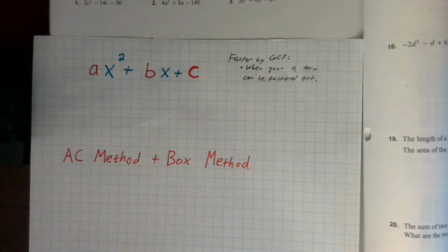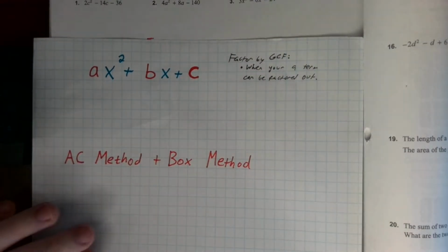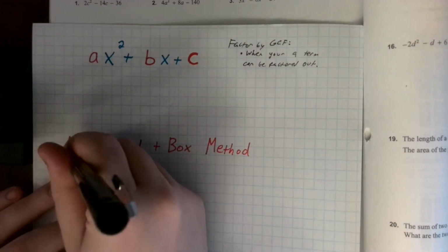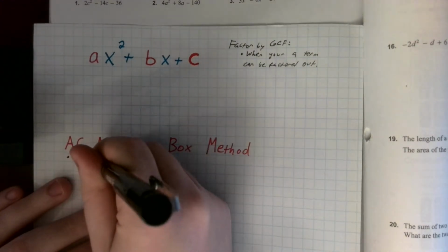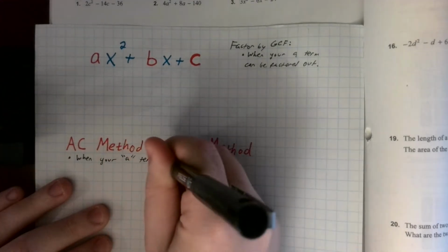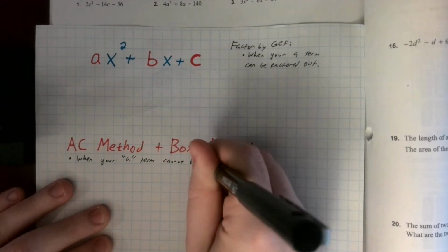When it cannot be factored out, we have 2 new methods we're going to learn. The AC method and the box method. And again, this happens when your a term cannot be factored out.